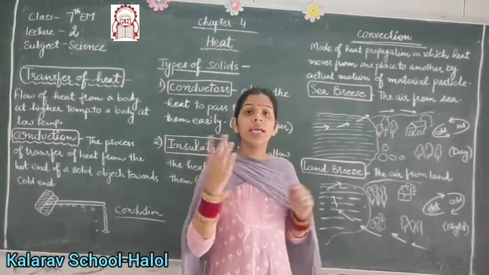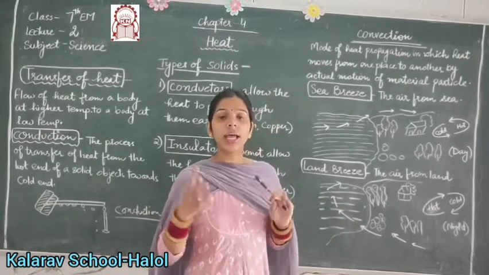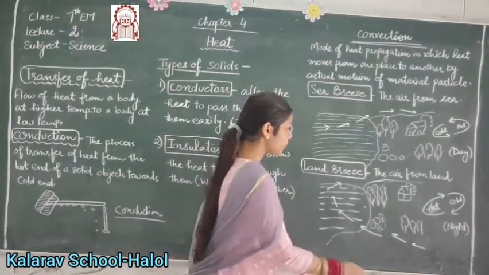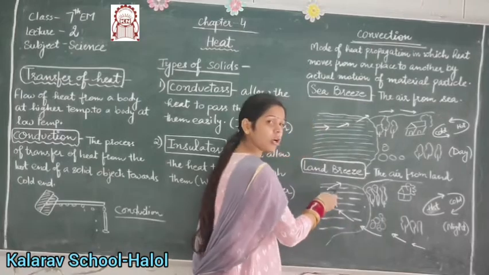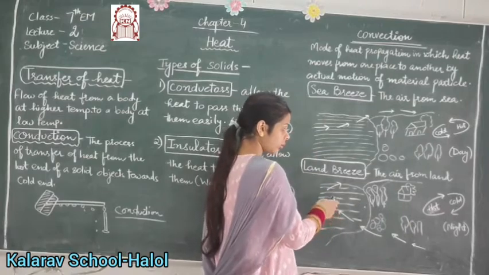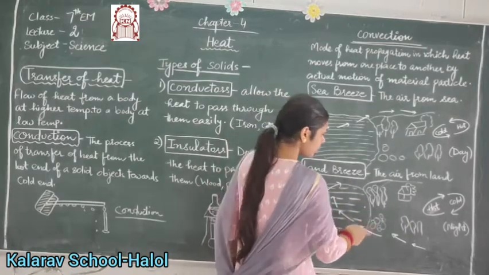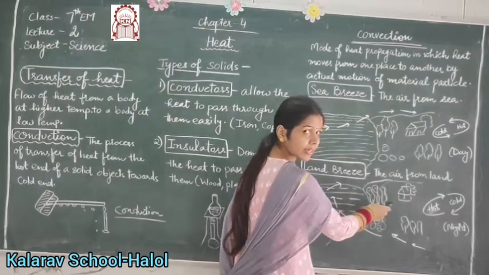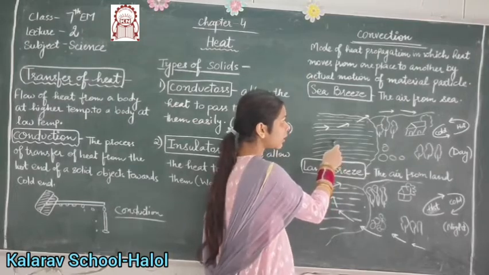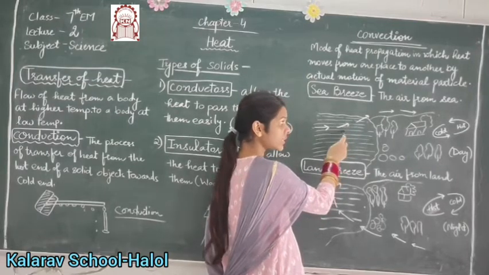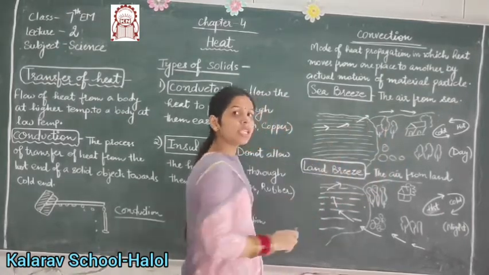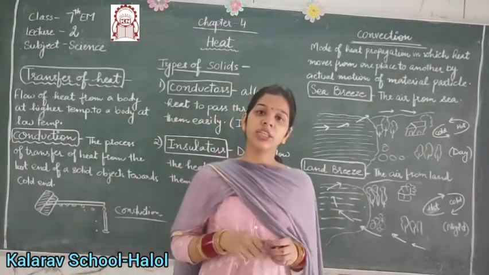The air which goes from the land is called land breeze. You can see here that the hotter air from the sea goes toward the land and the colder air from the land goes toward the sea. This happens at night. In the daytime, the colder air from the sea goes toward the land, but the hotter air from the land goes toward the sea. This phenomenon is called natural convection.